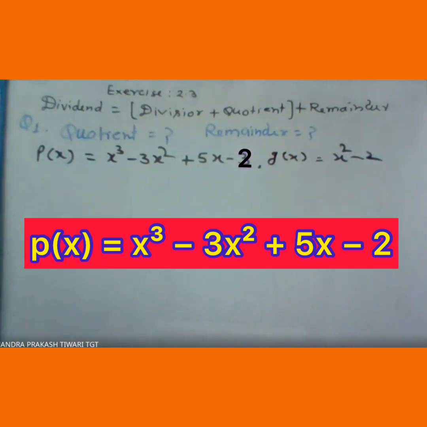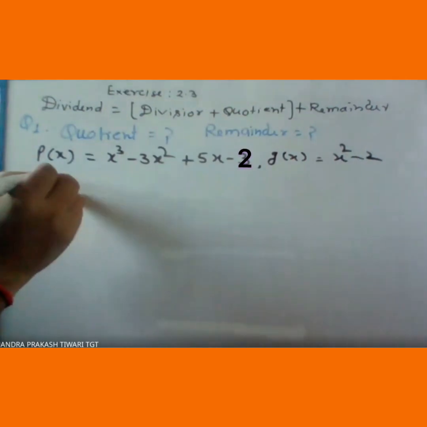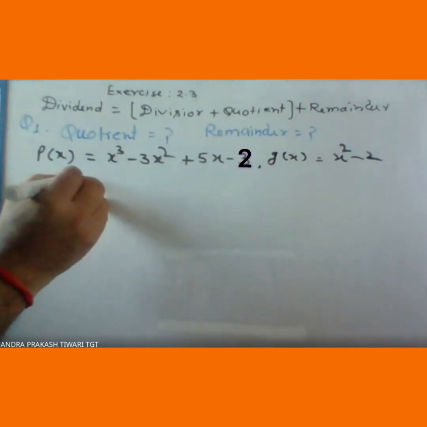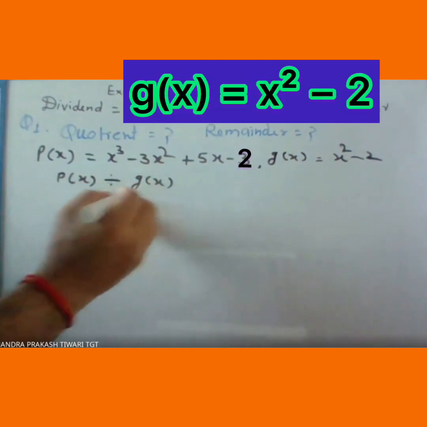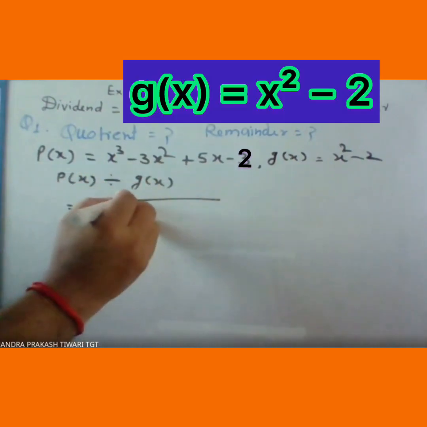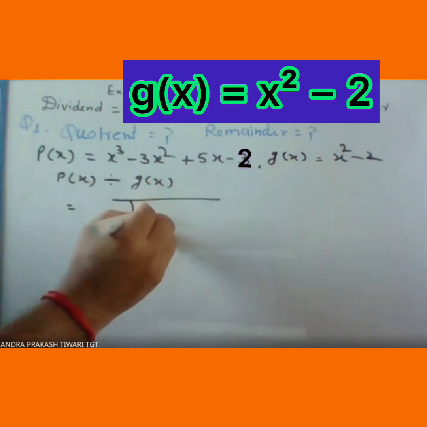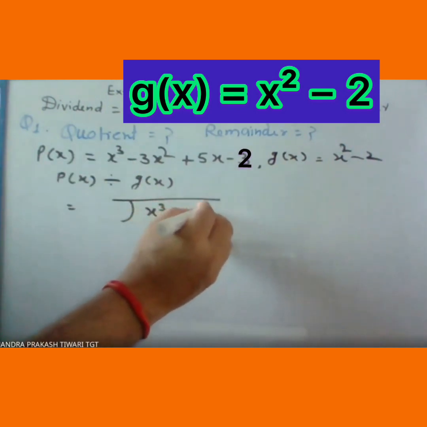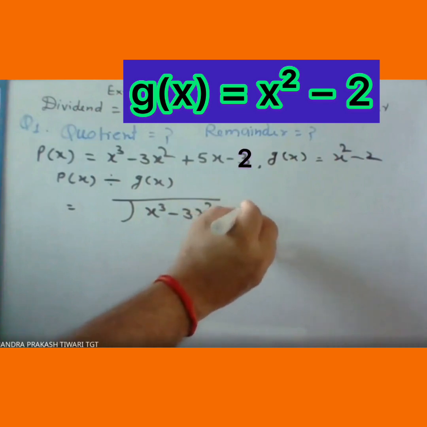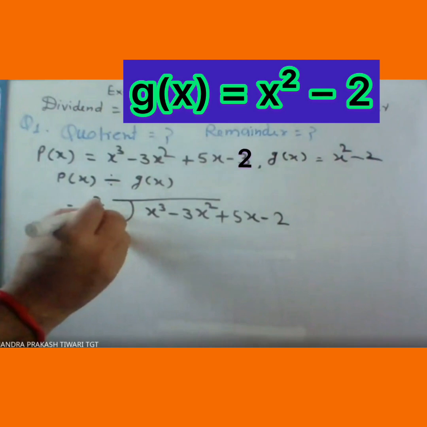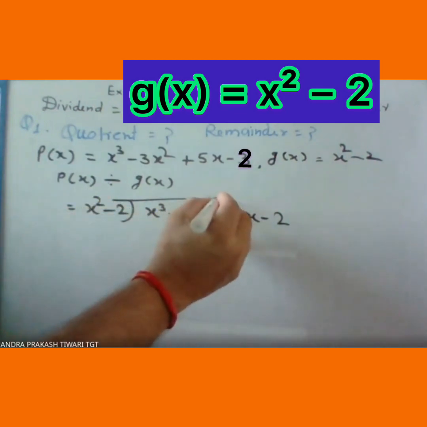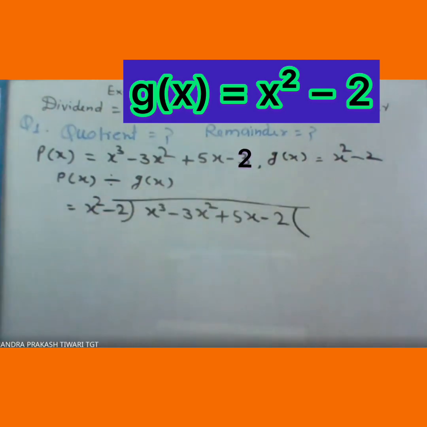So how can you divide? You will start by the general method. You will write p(x) divided by g(x): p(x) is x cube minus 3x square plus 5x minus 3, and g(x) is x square minus 2, and here we will write the quotient.